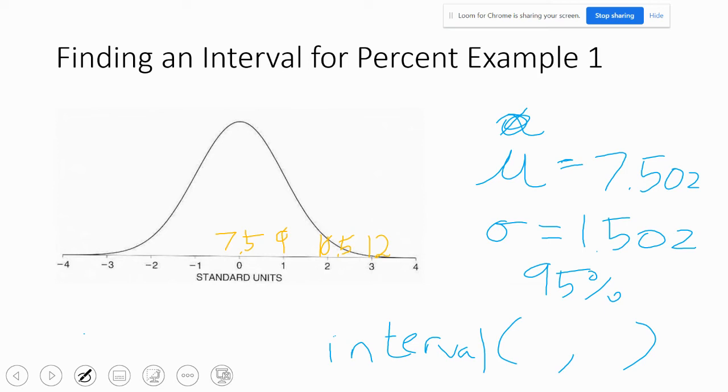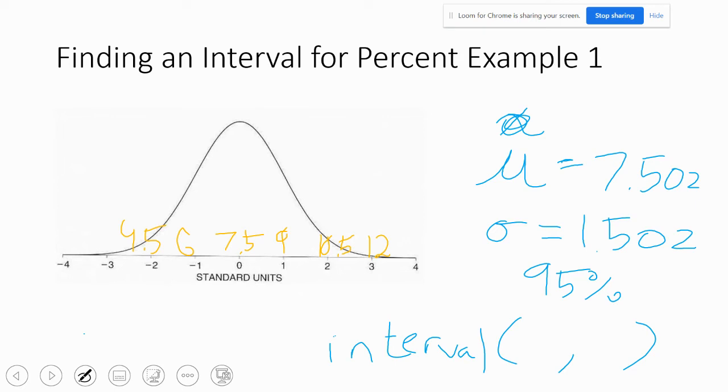Now you go in the opposite direction. Do 7.5 minus 1.5. 7.5 minus 1.5 is 6. Then you keep going down. Minus another 1.5 is 4.5.